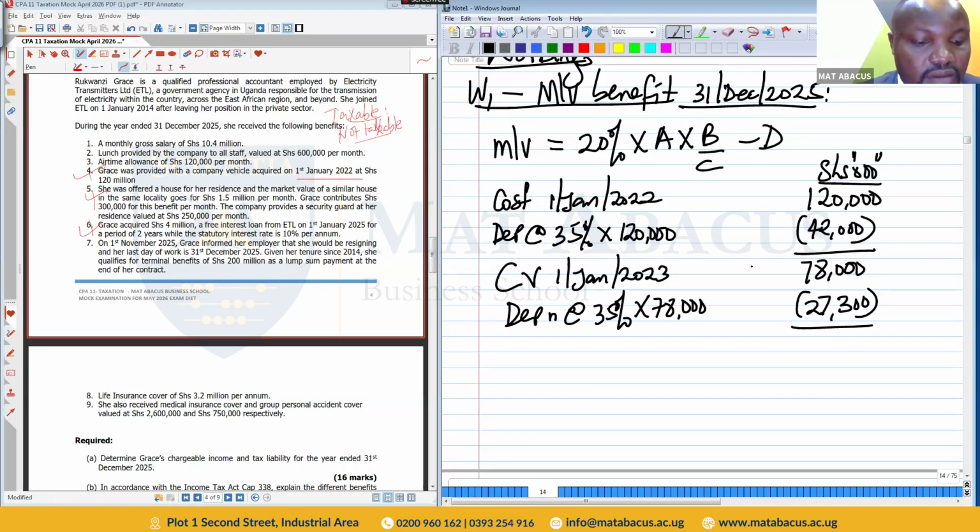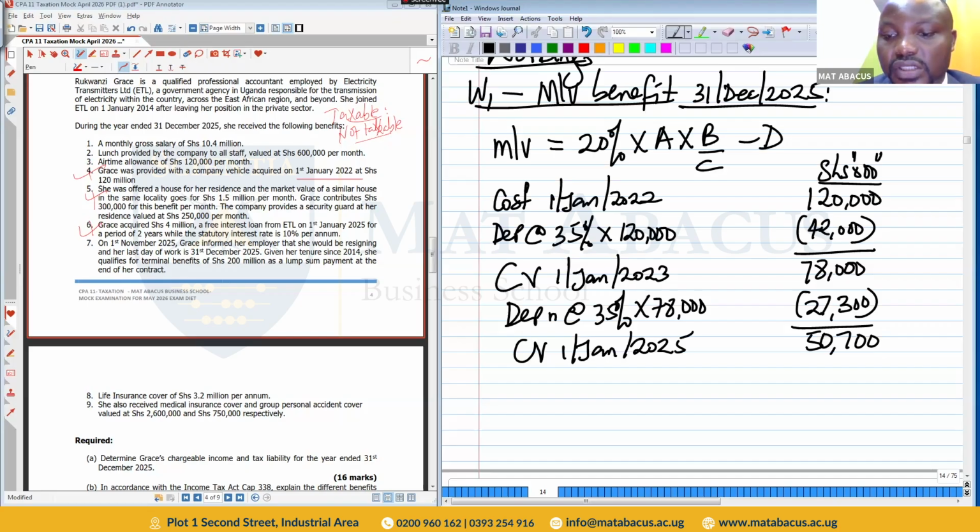We shall get 78,000 minus 27,300, which will be 50,700. This will be the carrying value of the vehicle on 1st January 2024. Remember, my interest is to get the value of the vehicle on 1st January 2025. So depreciation at 35% times 50,700.